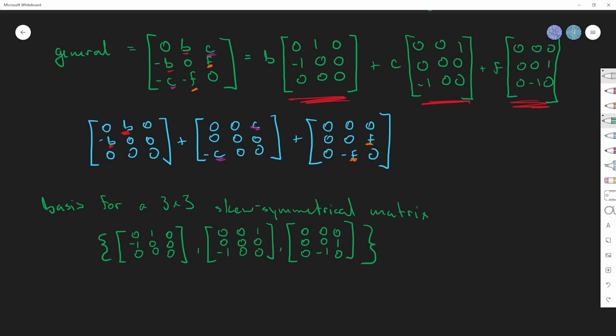And that is our answer. If you want to find the dimension of the basis, you just count them off, which would be 1, 2, 3. So that'll be your dimension.